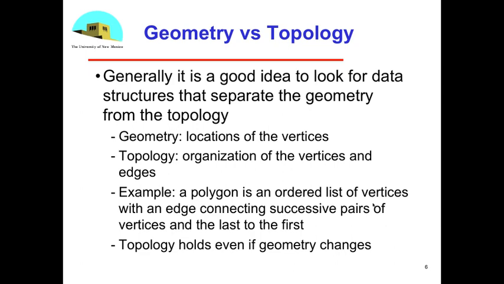So if I take, for example, a triangle, it's something that has 3 vertices and 3 edges, and they're connected, and where those vertices are actually located really doesn't matter in terms of what I can say about this triangle. The fact that it is a triangle, the fact that I have certain theorems I can say about a triangle. So when we say that a polygon is an ordered list of vertices connected by edges, that says nothing about their geometry.